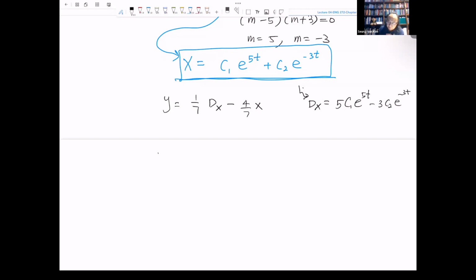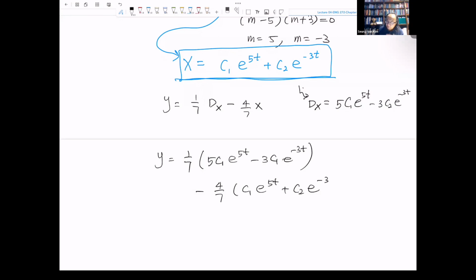Plug it in. y equals 1 over 7 Dx: 5 C1 e to the 5t minus 3 C2 e to the negative 3t, minus 4 over 7 x: C1 e to the 5t plus C2 e to the negative 3t.